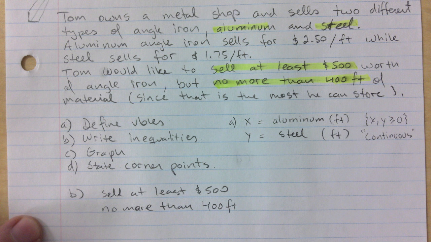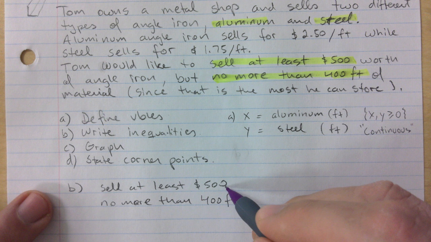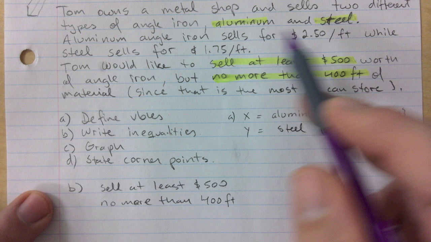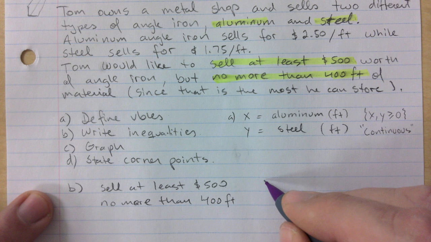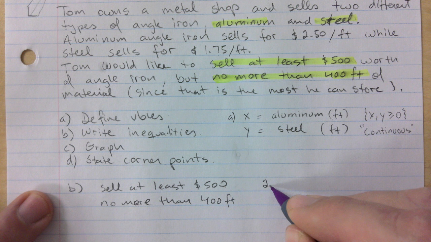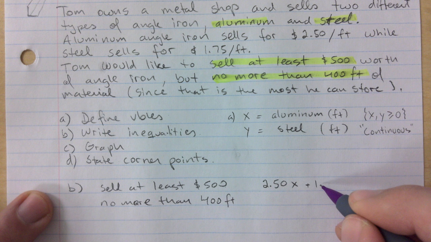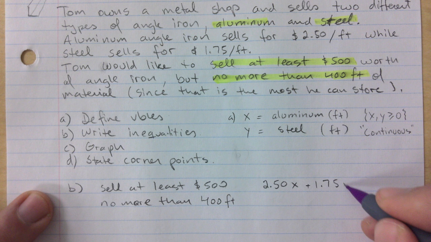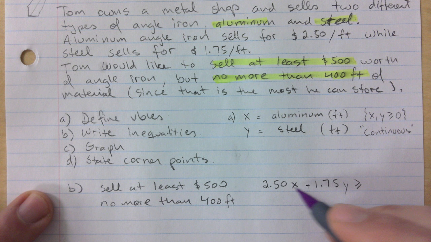If you want to sell at least 500, you're talking money. That's when you want to include these as your coefficients. If you're talking money, the way you figure that out is $2.50 for every foot of aluminum and $1.75 for every foot of steel, and that combination has to be at least 500 bucks.